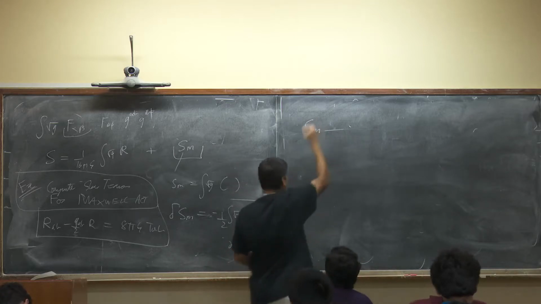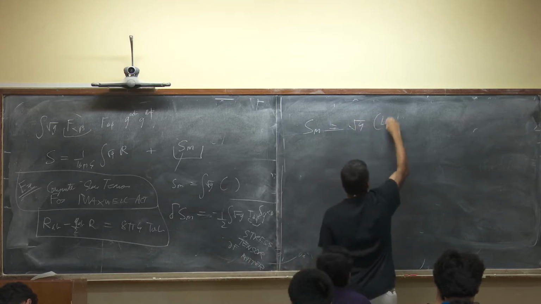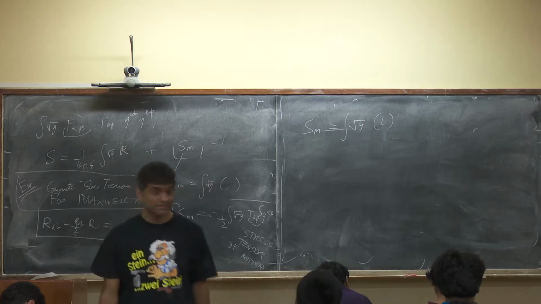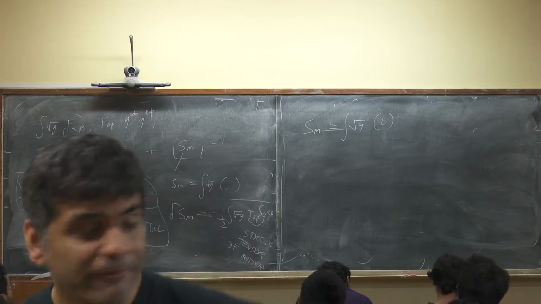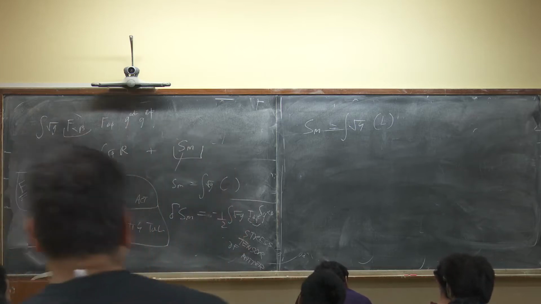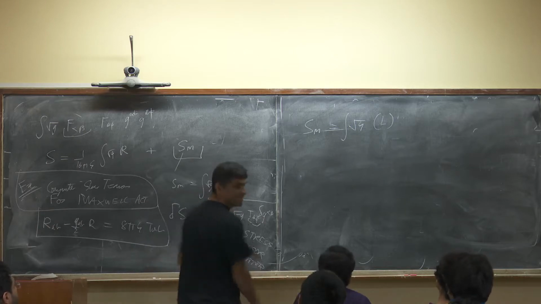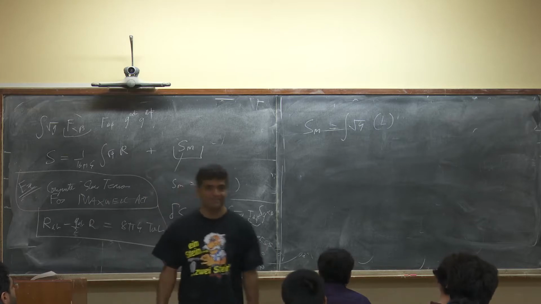See, S_m is some action, some square root g times some L, and we know very little about it. But one thing that we know is that under diffeomorphism, under coordinate changes, it's invariant. That's what we're going to demand. Now, what does that mean?